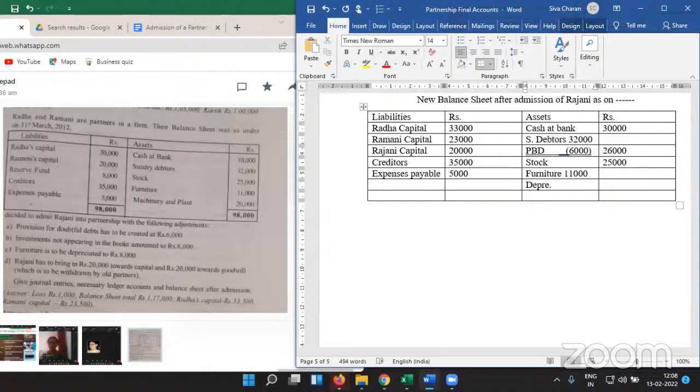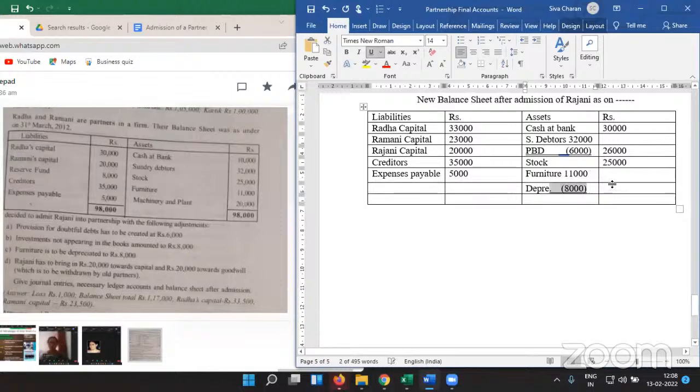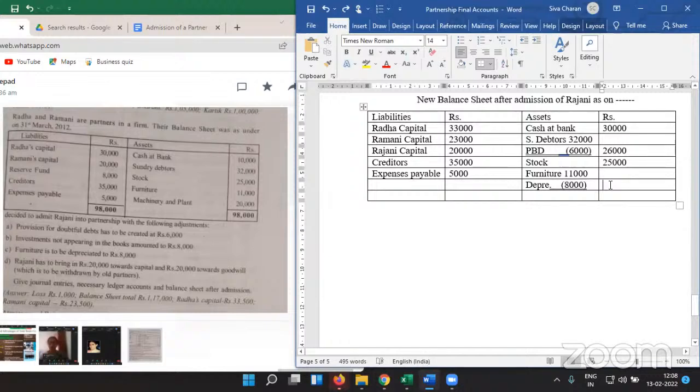What is the depreciation on furniture? Given in the question only. So 8,000. So 11,000 minus 8,000 is 3,000. Right? So what is the next item?